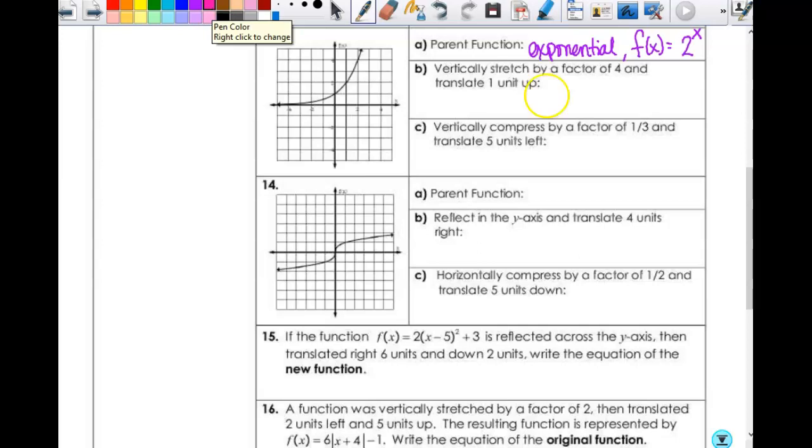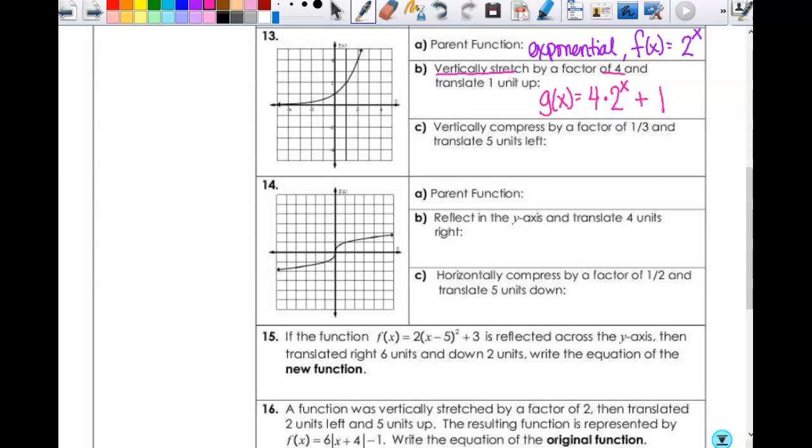So when I do this, g of x is equal to the vertical stretch by a factor of 4, made 4 times 2 to the x power, translate 1 unit up plus 1. Can I multiply the 4 times 2 and make that 8? No, I cannot. Everybody okay with all that? You can if you want.